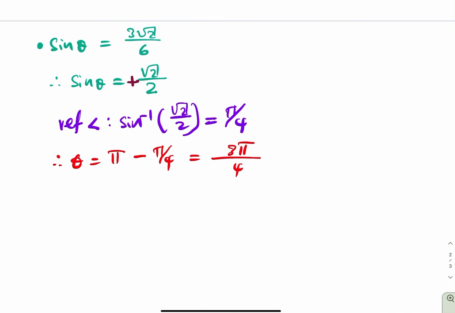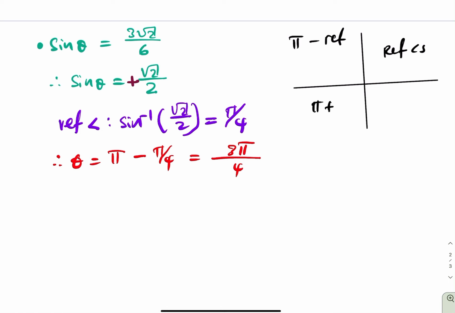For those that are a bit confused, we are going to be using this particular diagram to say here everything is positive, so we're talking about all your reference angles here, and then here we're talking about 180, which is primarily pi minus your reference angle, and then here it's pi plus your reference angle, and then here it's primarily 2 pi minus your reference angle.